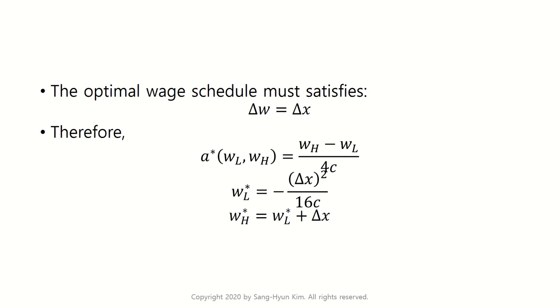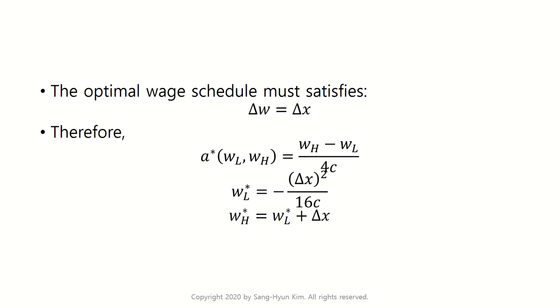By strategy, what I mean is a complete action plan. So it's a complete description of the optimal effort given any contingency. So for any realization, any possible w, the optimal effort level is described by this function.